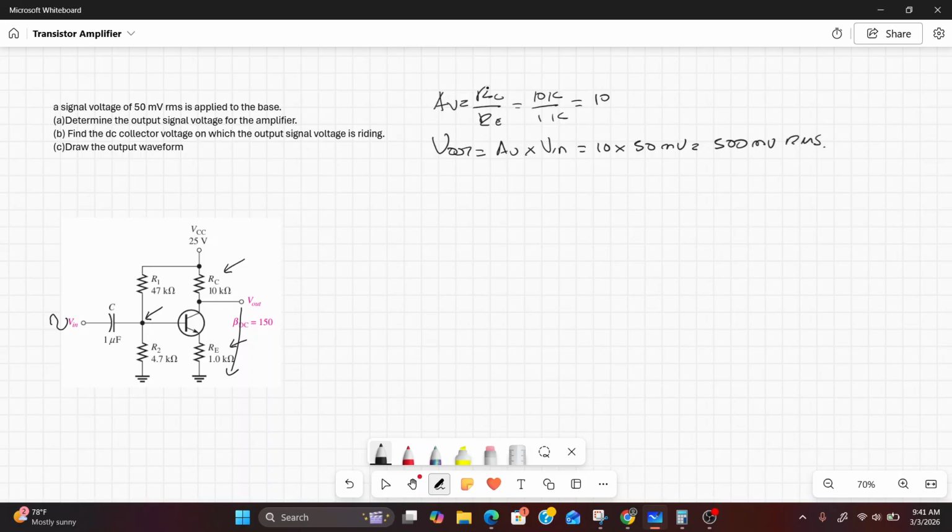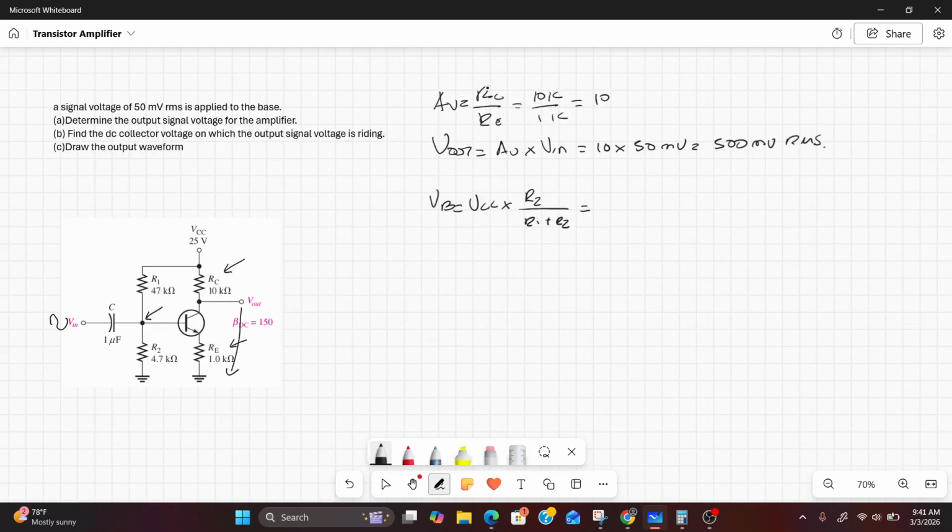So we can say voltage at the base is equal to VCC times R2 over R1 plus R2.